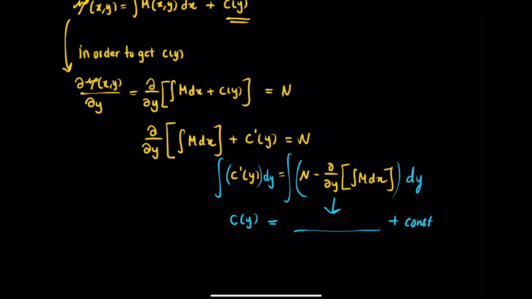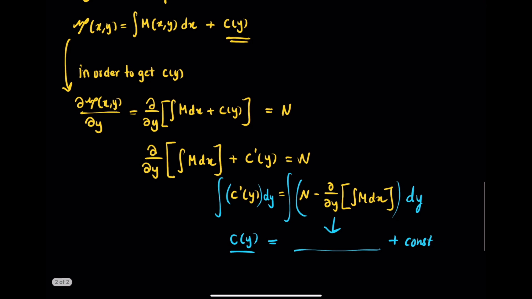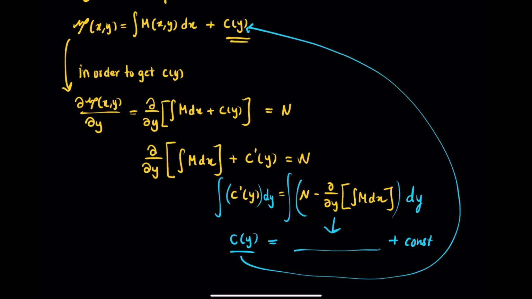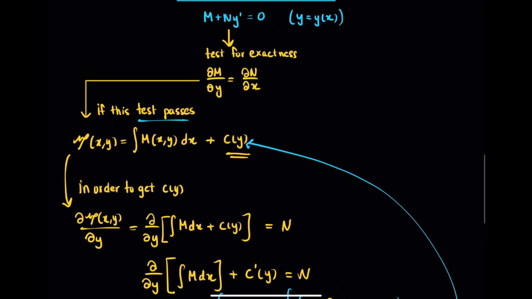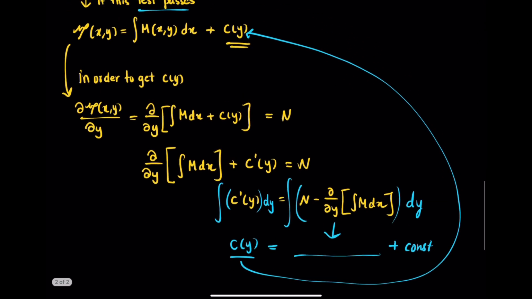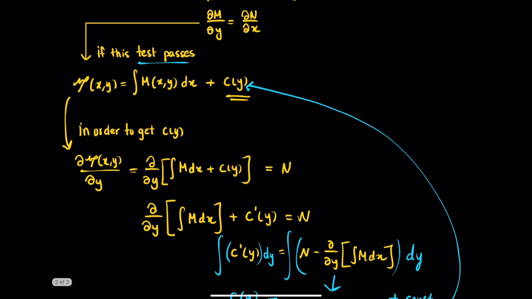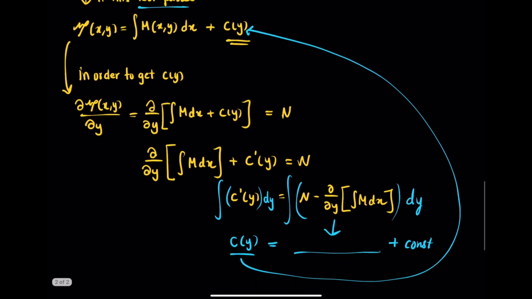And so then we found c(y), and we can plug c(y) back into psi(x, y), and that's the whole procedure. This is what you need to do if the test passes. If the test fails, which we'll go over after one example, we would have to find an integrating factor that makes this equation exact. And once it's exact, we just follow this same procedure that we just showed.